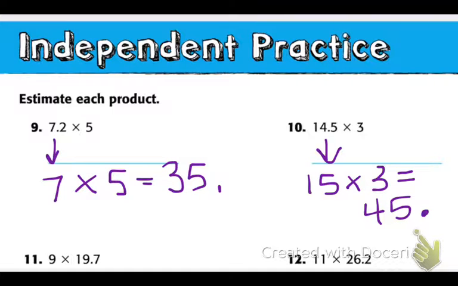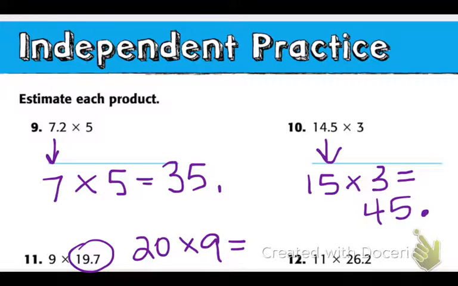So the accurate answer would be about 45. Okay, I can estimate 19 and 7/10 to 20. And I know 20 times 9, I could do my trick, right? I could do 2 times 9, well, I know that's 18, and then make it 10 times bigger. So it's 180. It's around 180. That's what it's close to.